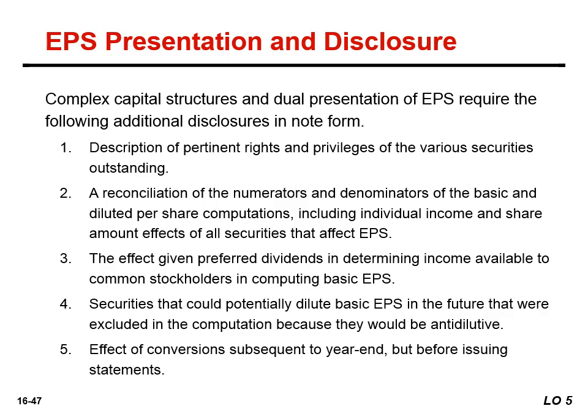You have to show the effect of preferred dividends in determining income available to common stock for basic EPS, and securities that could potentially dilute basic EPS that were not included because they were anti-dilutive. And you have to show the effect of conversions subsequent to year end, but before you issue statements. So basically everything you can think of, declare it.